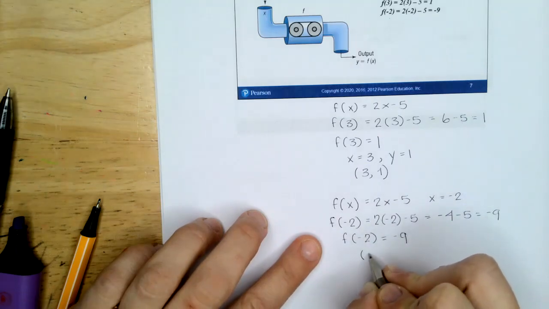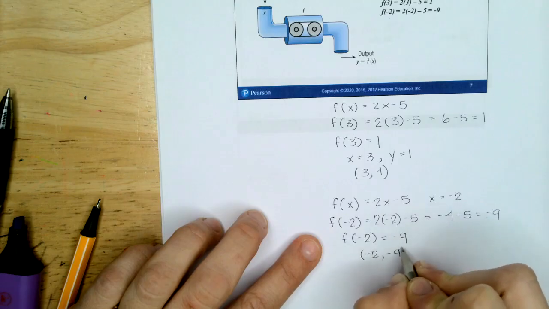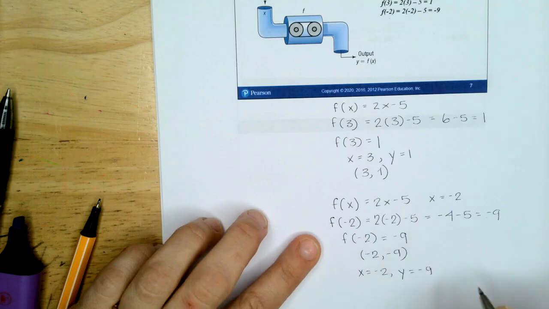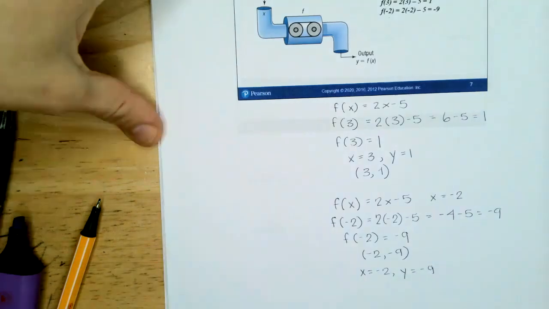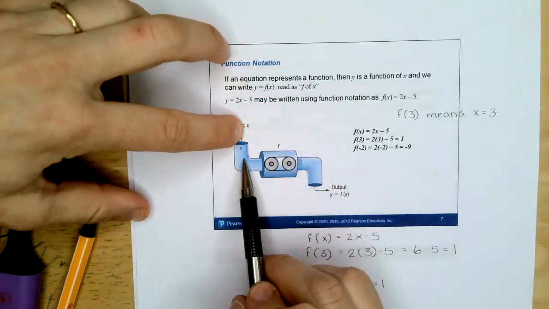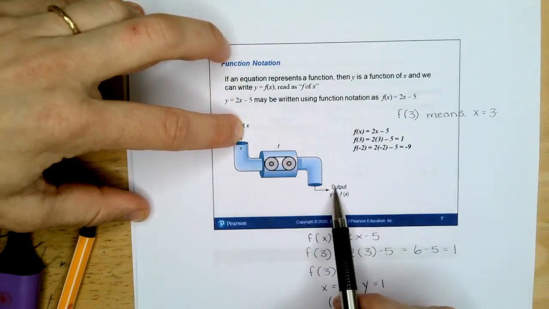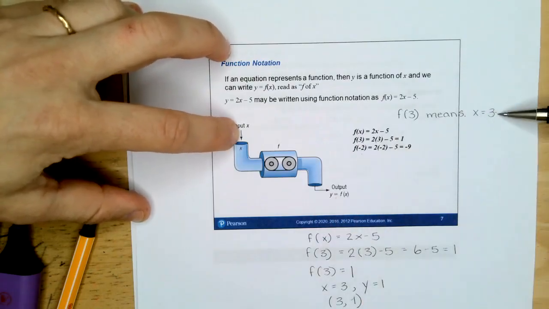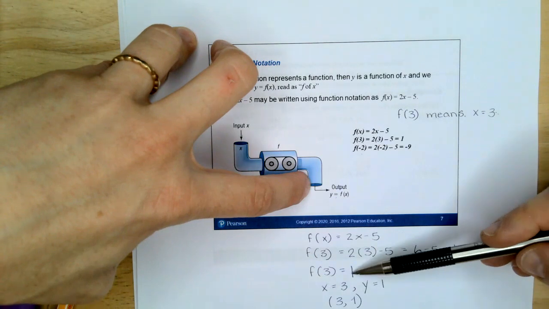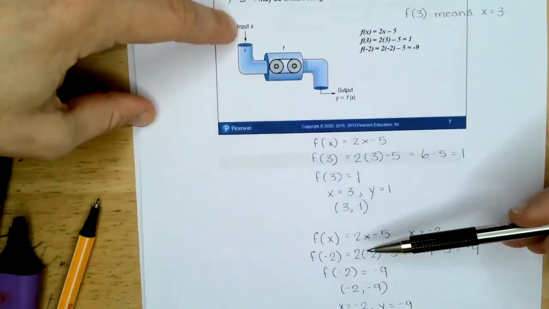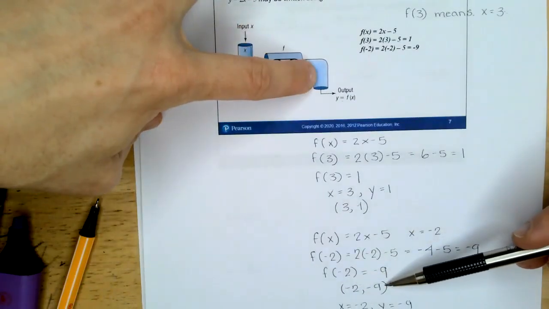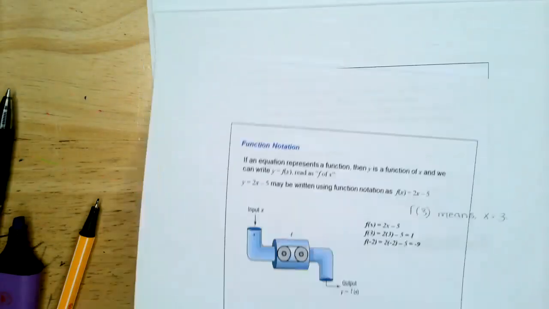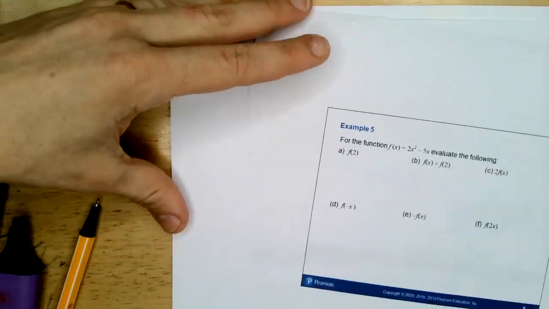It's the point (negative 2, negative 9), because when x equals negative 2, y equals negative 9. So I input my x into my function, and I output my f of x, or my y. I input 3, it outputs 1. I input negative 2, it outputs negative 9. Don't worry, you will have time to get used to it.